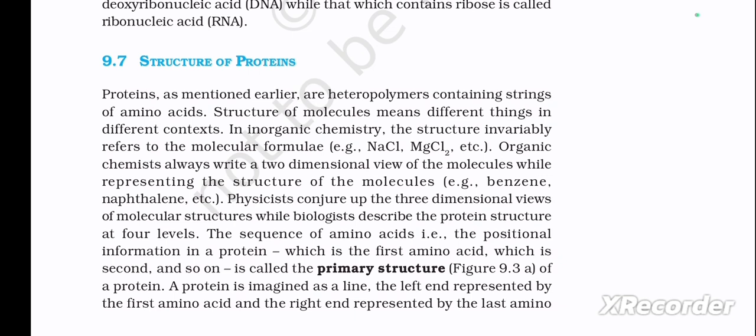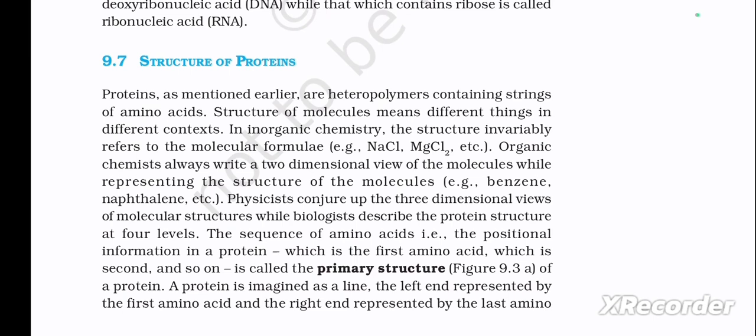In inorganic chemistry, the structure invariably refers to the molecular formula, example NaCl, MgCl2, etc. Organic chemists always write a two-dimensional view of the molecules while representing the structure of the molecules, example benzene, naphthalene, etc. Physicists conjure up the three-dimensional views of molecular structures while biologists describe the protein structure at four levels.